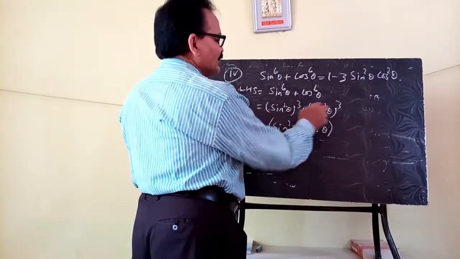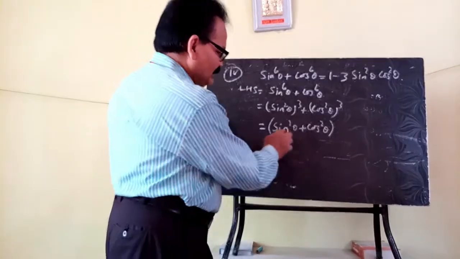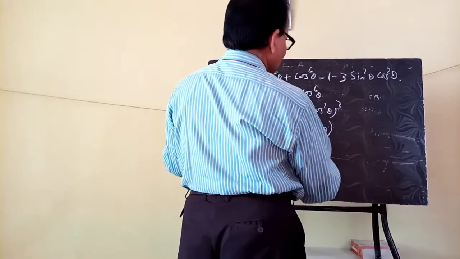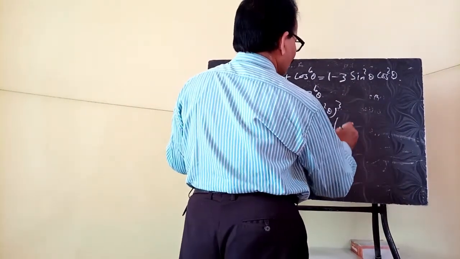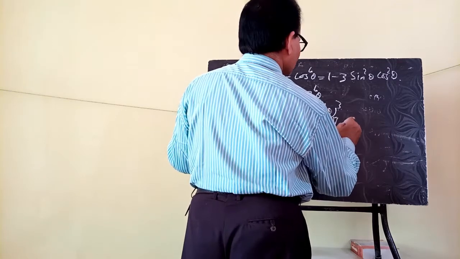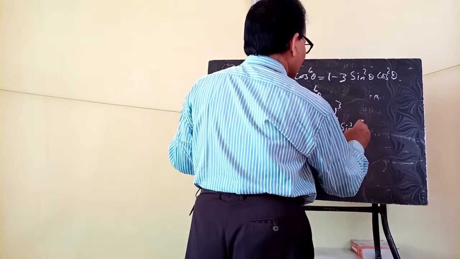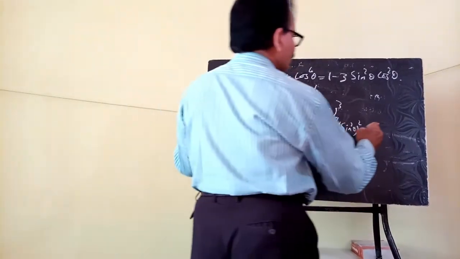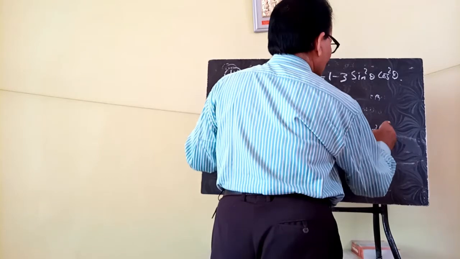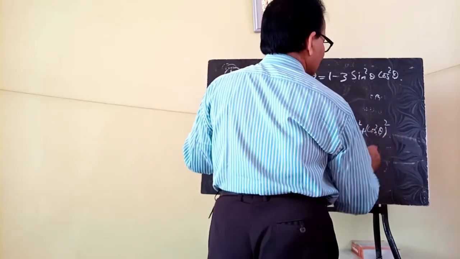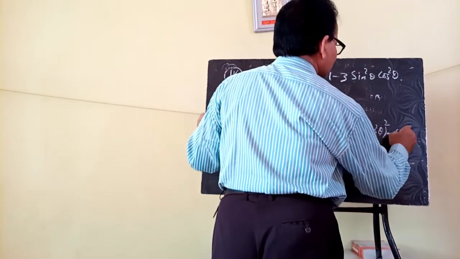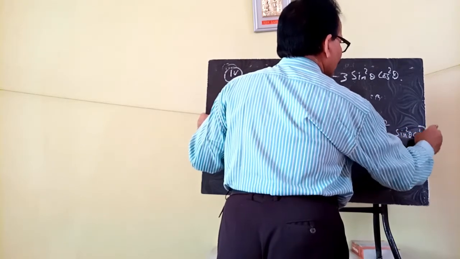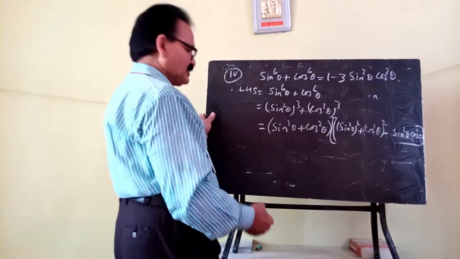Now a cube plus b cube is your a plus b into, because you have to apply the factor formula, a square, that is sin square theta whole square plus cos square theta whole square minus sin square theta into cos square theta. Bracket is closed. This is the factor formula.